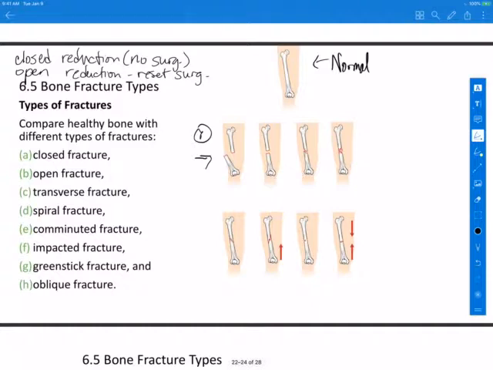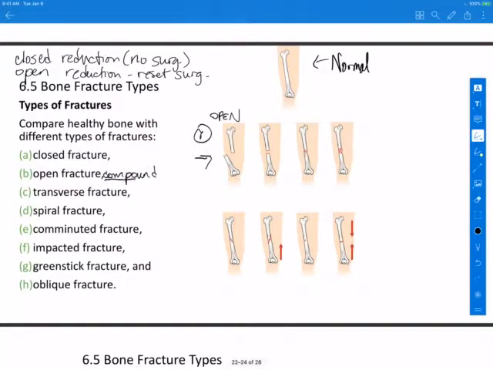And when we're looking at this image here, this first one is an open fracture. Sometimes that is called a compound fracture. And a compound fracture is when the bone actually breaks the surface of the skin from the inside.